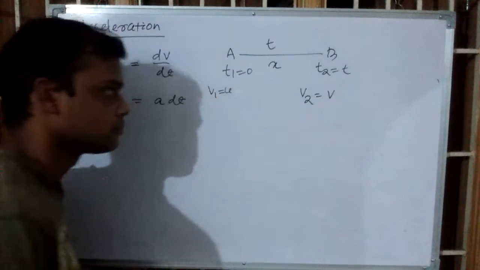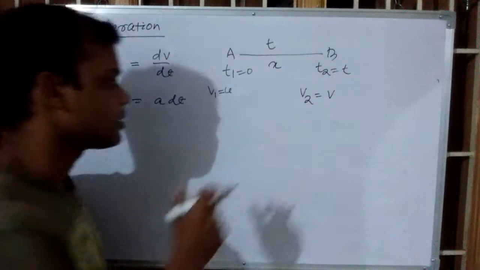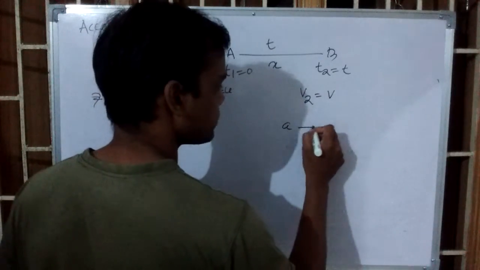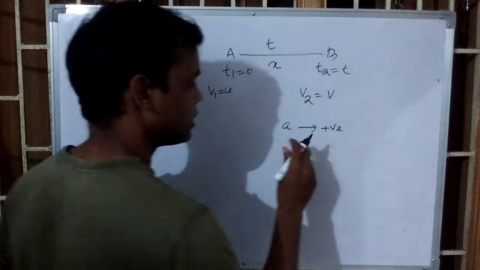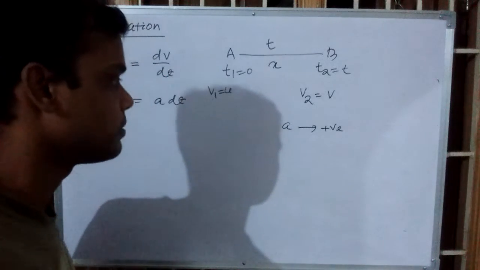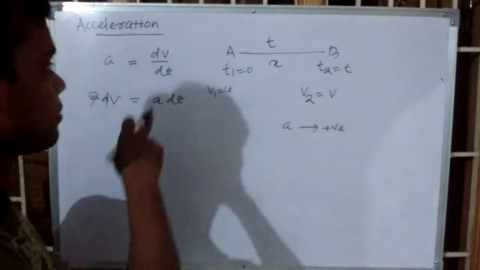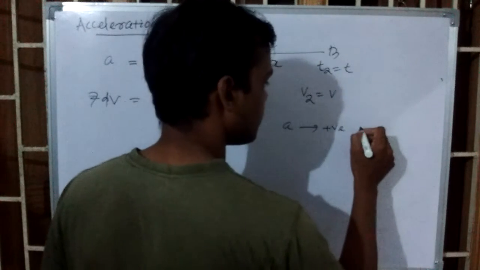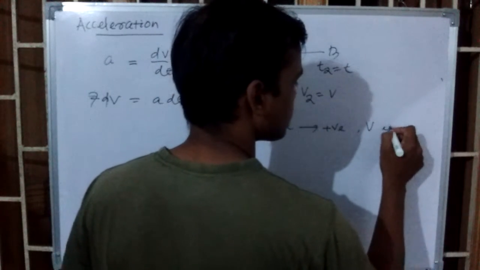One more thing about acceleration, I forgot to tell you: if a is positive, that means the rate of change of velocity is positive, that means velocity is increasing. If a is positive, then v increases.